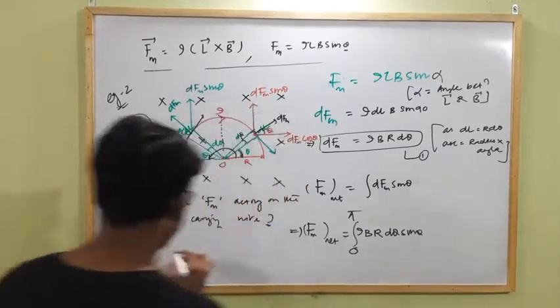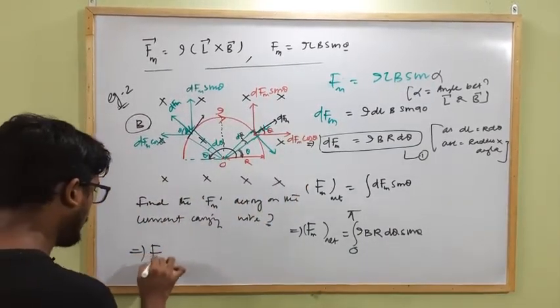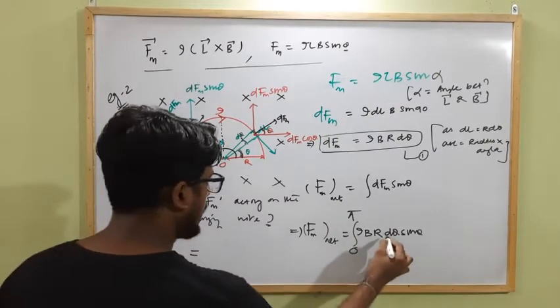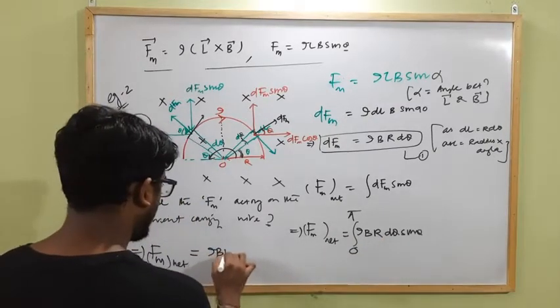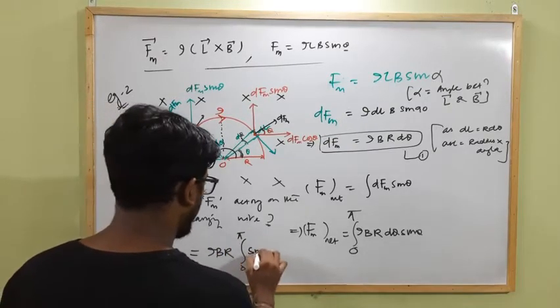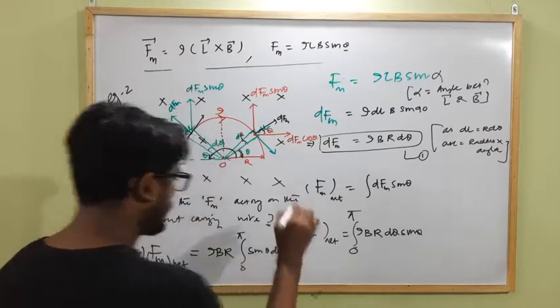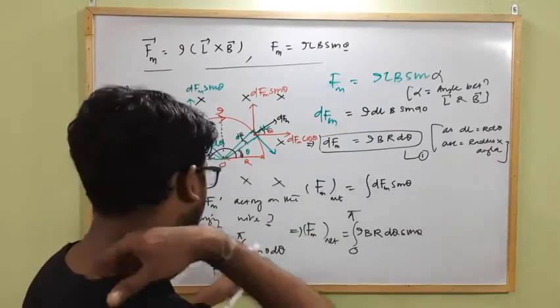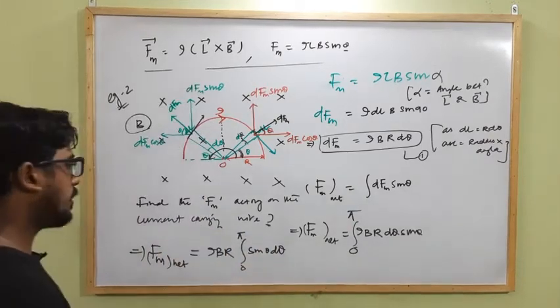So we can write Fm net equals I B R, which is constant, taking it out of the integration symbol, integral of sin theta d theta. What is the integration of sin theta with respect to theta? It will be minus cos theta.